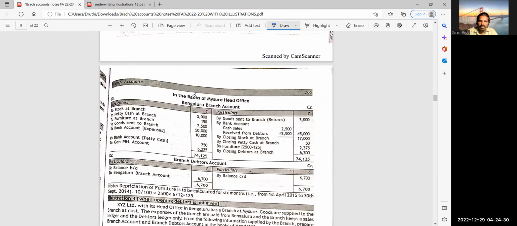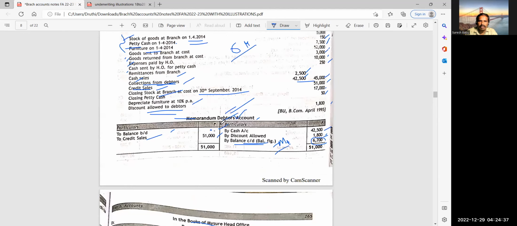Now look, in the Mysore head office, Bangalore branch account. What is to be done? See, stock, petty cash, furniture: 5,000, 150, 7,500. Then goods sent to branch, 50,000. Goods returned, 3,000. This is coming from head office to branch.